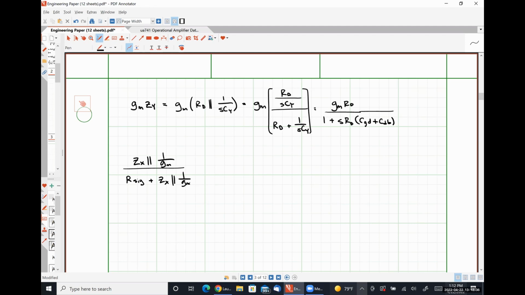Well, as an aside here, I'm going to put a line through this. ZX could be expressed as RS in parallel with 1 over SCX, right?